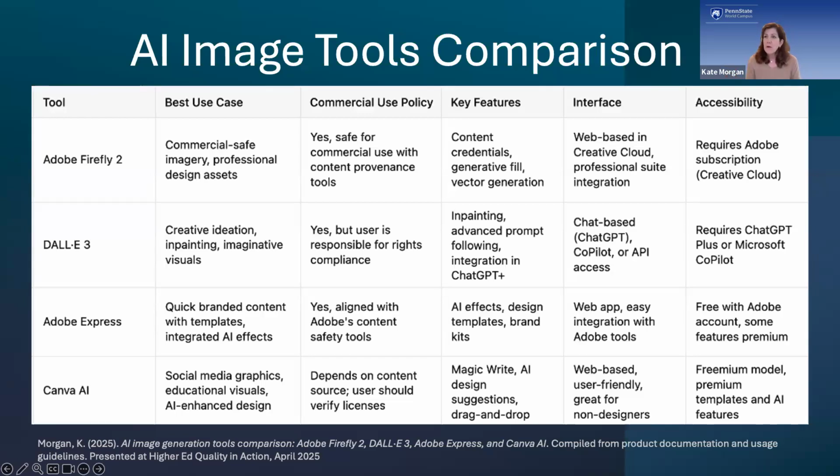It's a place for me to go, okay, oh, I see. The best use case is for professional design assets. DALL-E 3 is for creative ideation, in-painting and imaginative visuals. In the end, each of you will gravitate towards the one that you like or works the best for you.